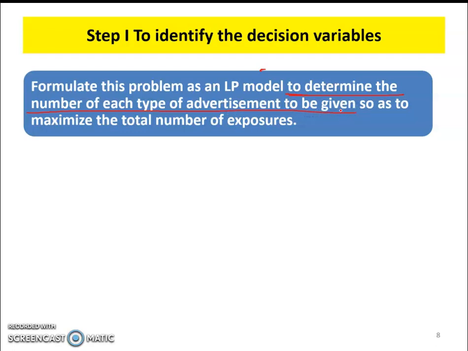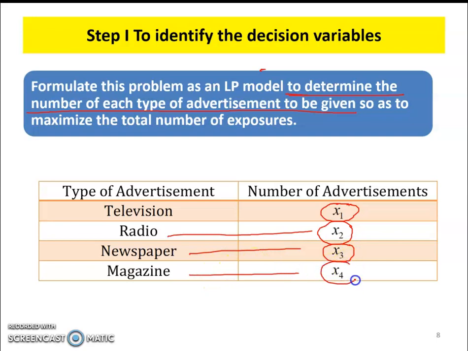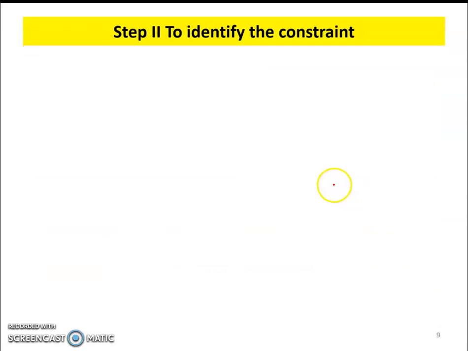So this is the decision variable on which we have to take the decisions. We decide that for television we will take x1 number of advertisements, for radio we will have x2, for newspaper we will have x3, and in a magazine we will have x4 number of advertisements.